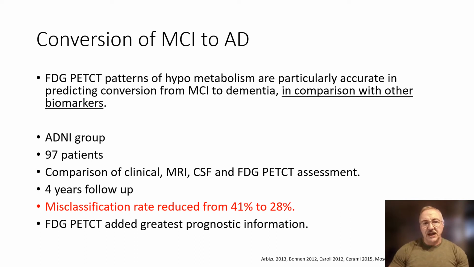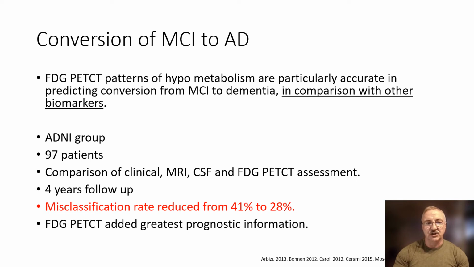If we compare FDG PET-CT patterns of hypometabolism with other biomarkers in this group of 97 patients from the ADNI group, we see that FDG PET-CT had the greatest prognostic information, and misclassification rate was reduced from 41% to 28% compared to pathology.